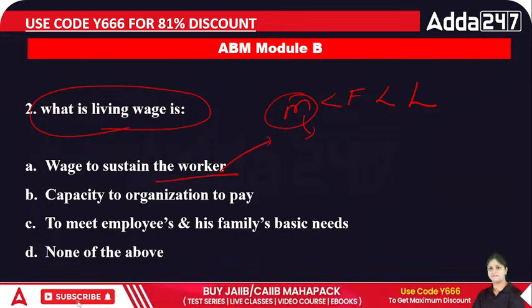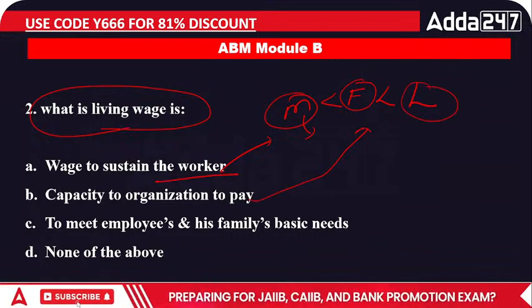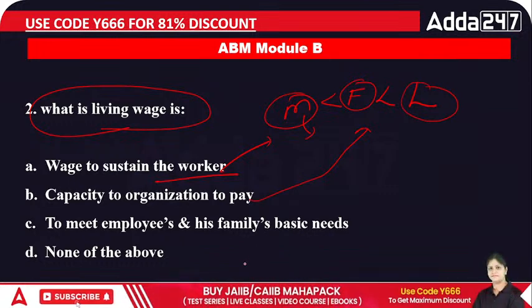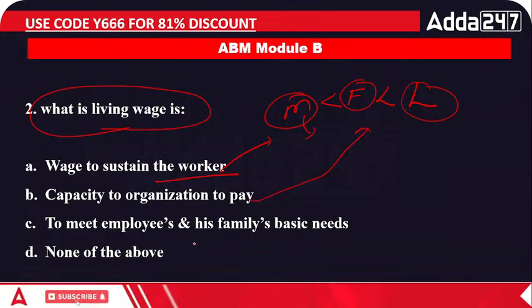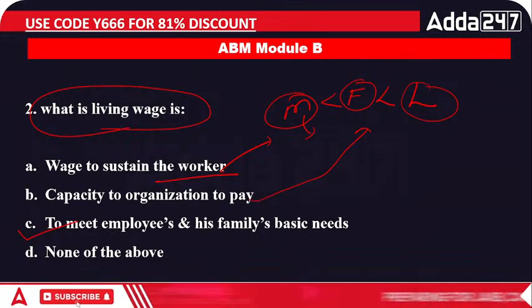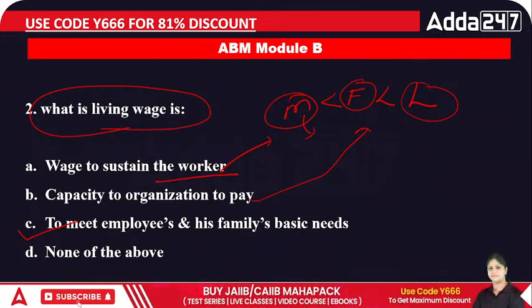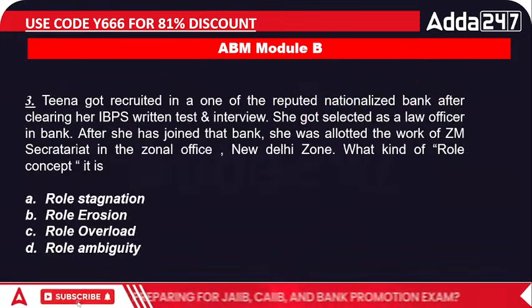Fair wages depend on the organization's capacity to pay. ठीक है. And what is a living wage? Living wage is the wage through which employees' and their family's basic needs can be fulfilled, right? So the right answer here is C. Living wage is basically to meet the employee's and his family's basic needs.